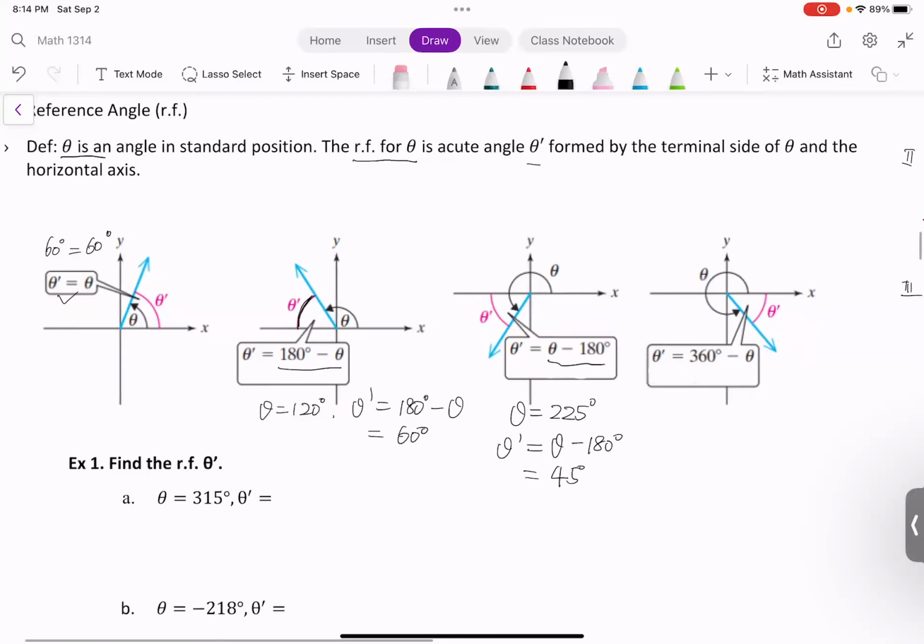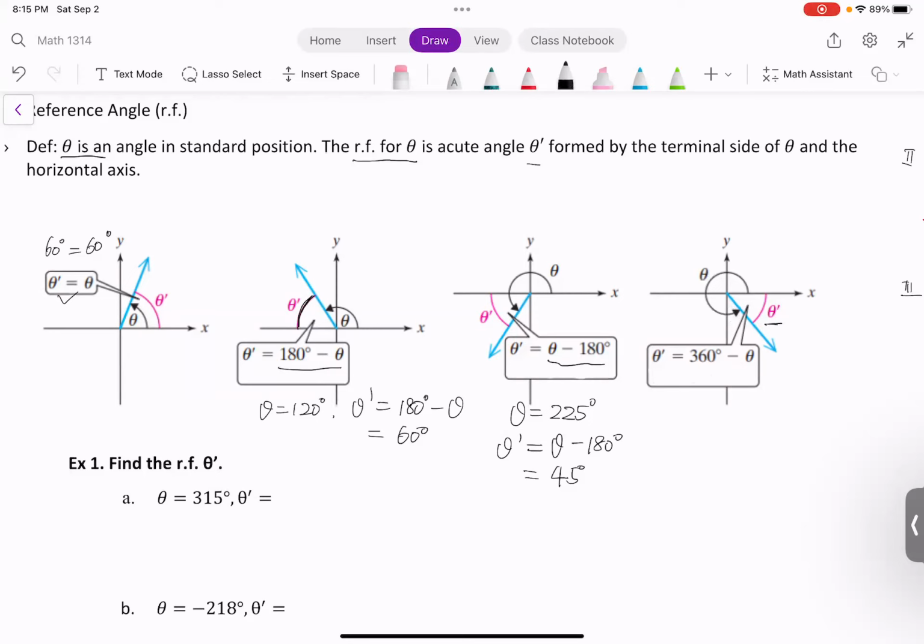How about the last one? If my angle theta is in the fourth quadrant, all my theta goes all the way here, almost one full rotation. So how to find the reference angle theta prime?